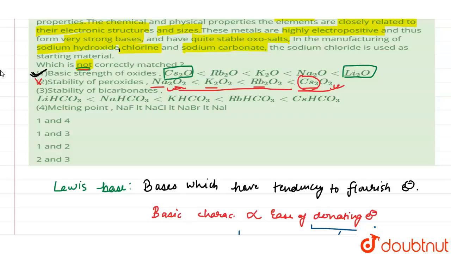Let's go to the third option, that is stability of bicarbonates. When we talk about stability of bicarbonates, we have to talk about lattice enthalpy.